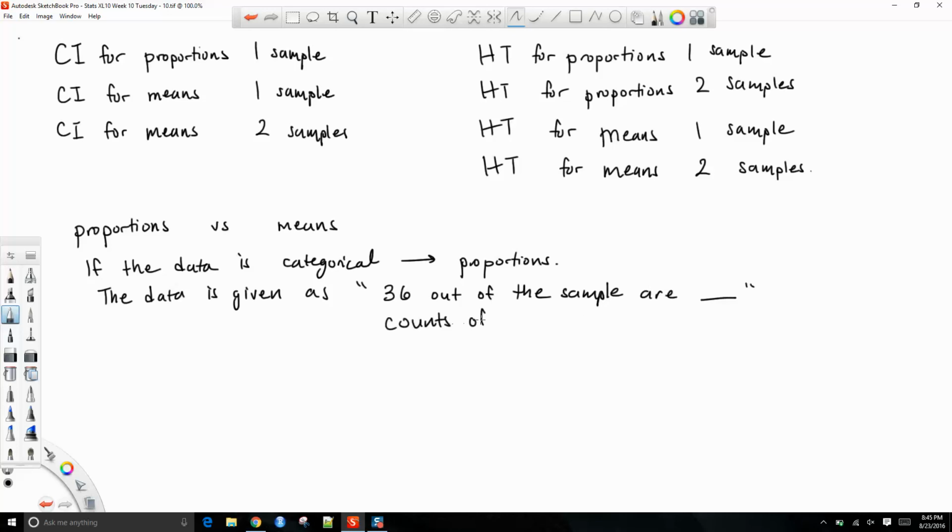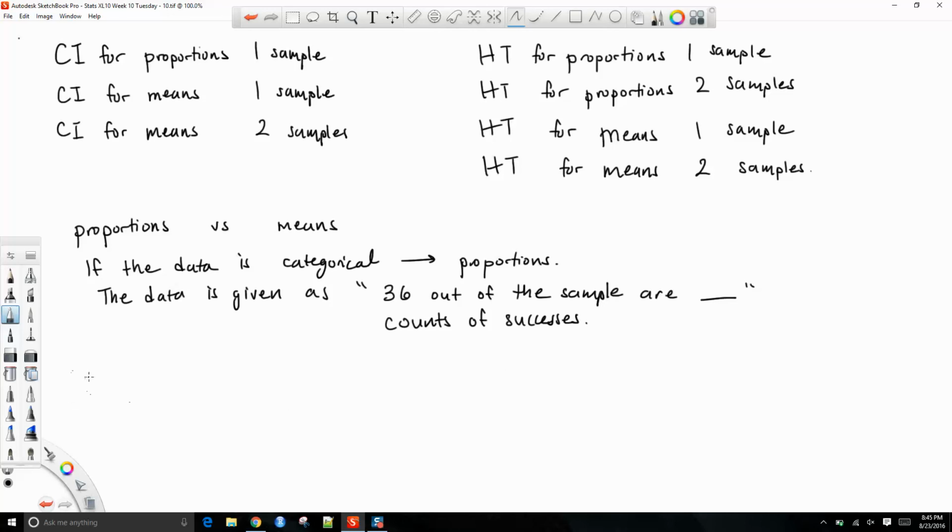Counts of, quote, successes. Those would be proportions. Also, if the problem mentions the word proportions, that's a good indication you're dealing with proportions.